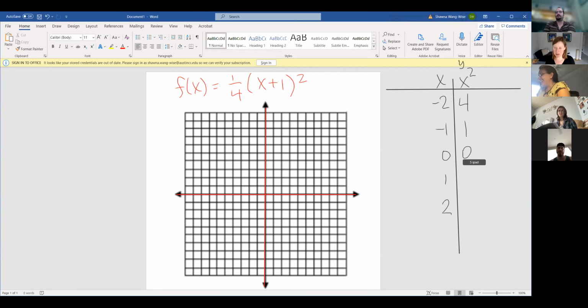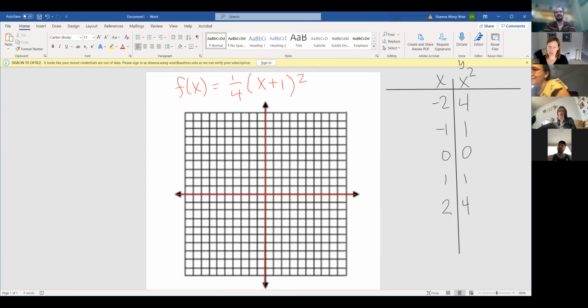Good. Oh, I was hoping nobody would say 1, but it happens. 1 squared is 1. Wake up, everybody. Okay, 2 squared is 4. Okay, cool. So that's our parent function.